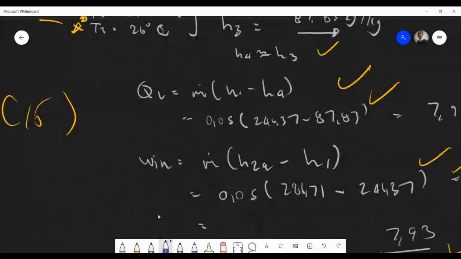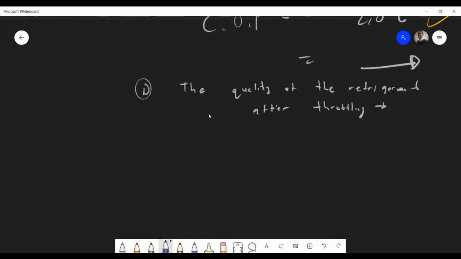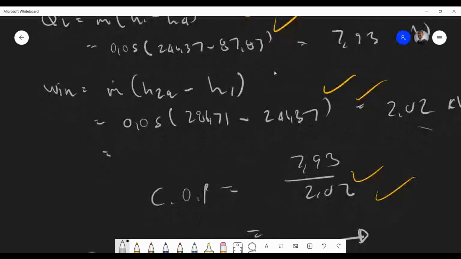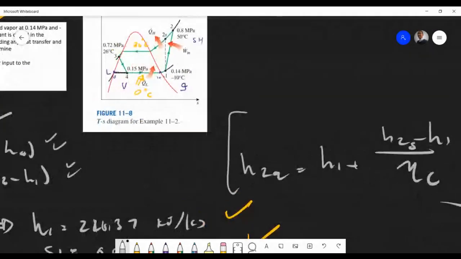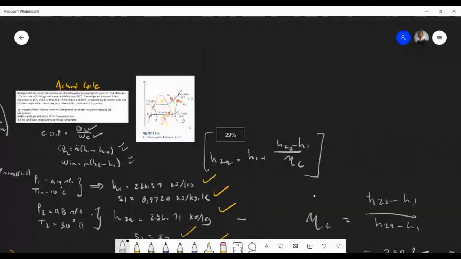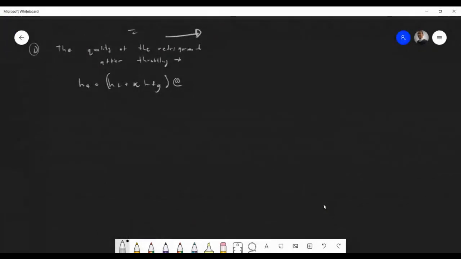So how do we find it? We have to say h4 is going to be equal to hf plus x hfg, and this will be at the pressure of 0.15 MPa, so at 150 kilopascals is where we're going to get these properties.